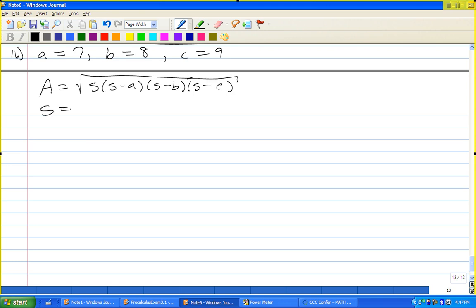S is 1/2 (A plus B plus C). So let's figure out the semi-perimeter first: 7 plus 8 plus 9. Let me do that on my calculator. 7 plus 8 plus 9, divide by 2. Yep, good.